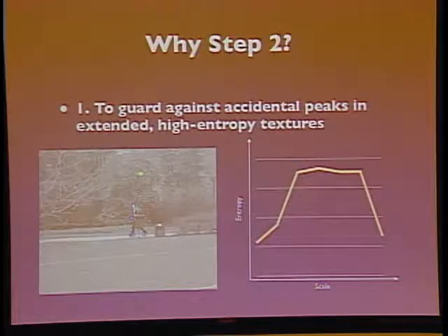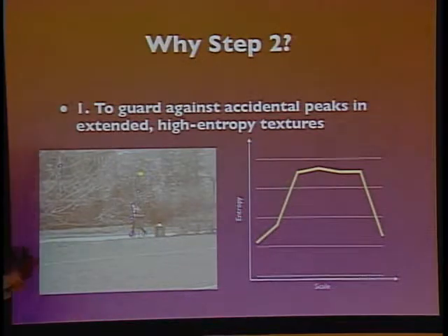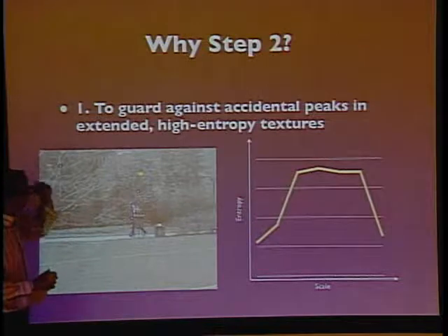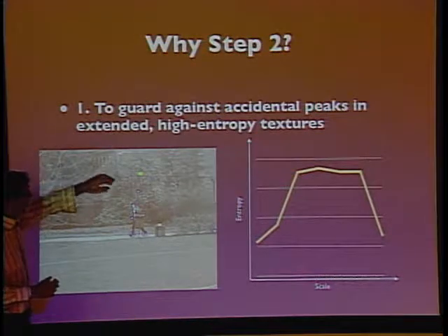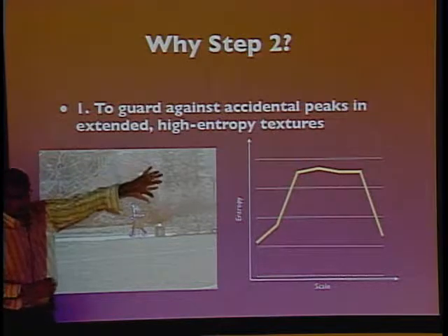So the second step is important because it guards against some accidental peaks in extended or high entropy textures. So basically, if you use something like edge orientation, this entire wooded part of the image is going to look interesting.